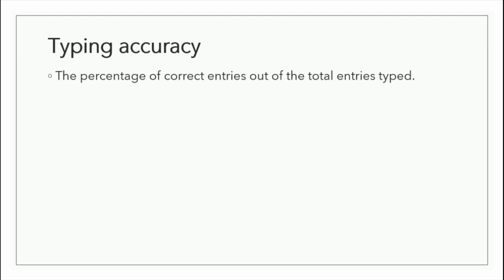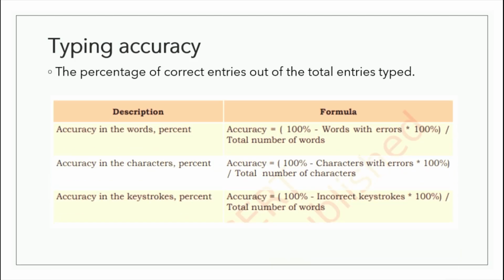Now typing accuracy. See, my dear children, accuracy is what? Whenever you are typing, all the correct entries count, and if you make a mistake, that will be considered wrong words or wrong characters and will be subtracted from the actual typed words or characters. It is the percentage of correct entries out of the total entries typed. This is typing accuracy. Now, accuracy in words, characters and keystrokes, we are talking about how many percent and how we are going to calculate the percentage.